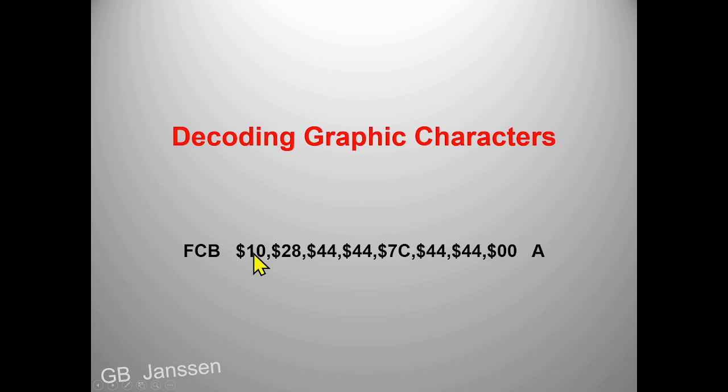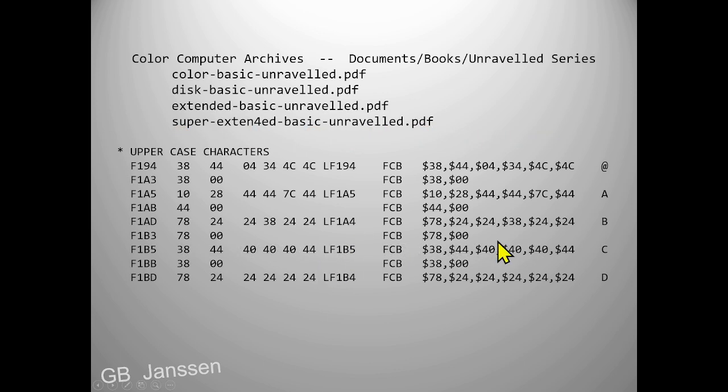Now here we've got 8 bytes, so we need to figure out how, out of these 8 bytes, we get 64 pixels turned on. Let's try to decode these things. This is taken right out of the Unraveled series. You can get the Unraveled series on Color Computer Archives, Documents, Books, Unraveled series.